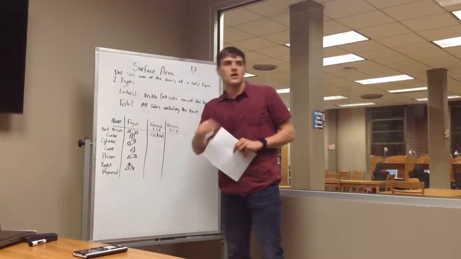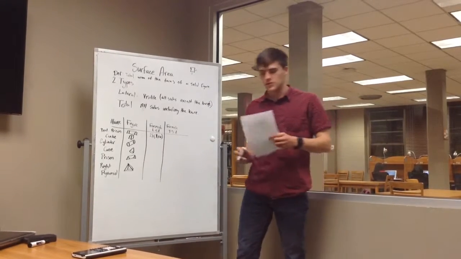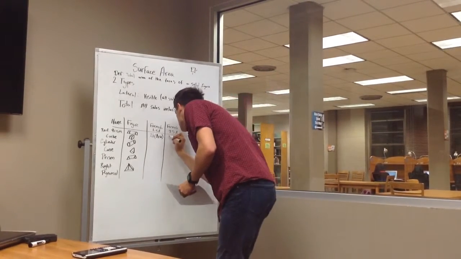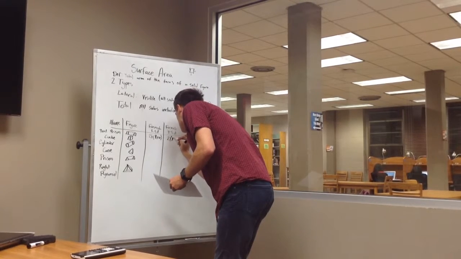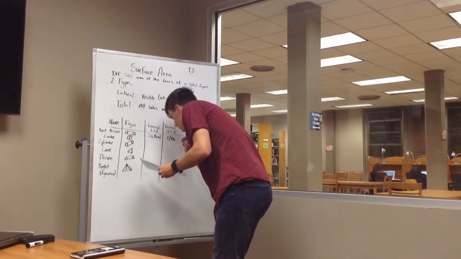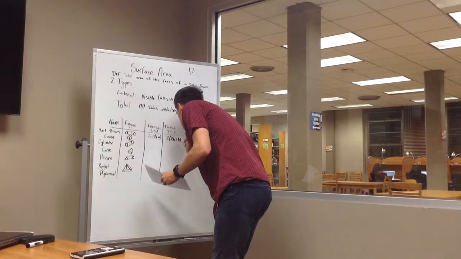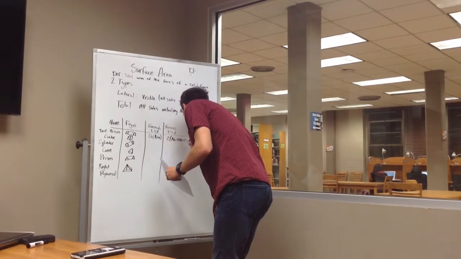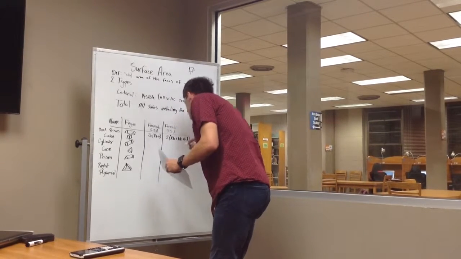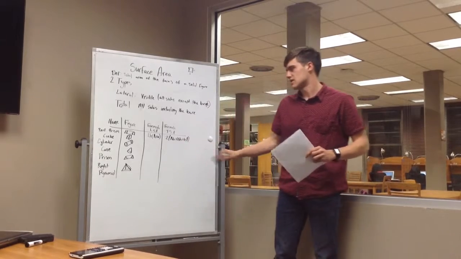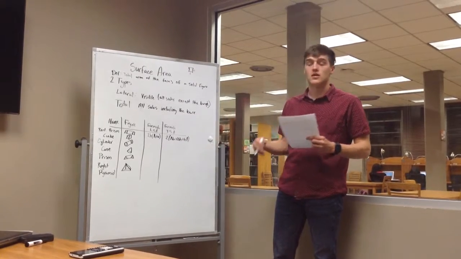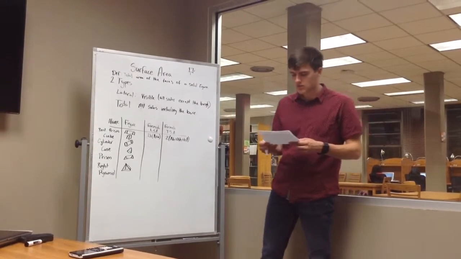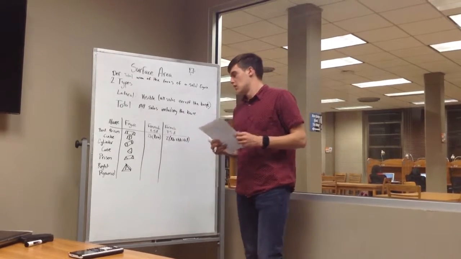What is the formula for that? Martha. You've got 2 times length times base plus base times height plus height times length. That's a lot to look at, but that's exactly right. Can you explain that?